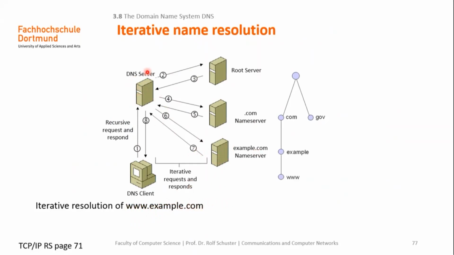Then this DNS server will store that information, that is the RR A associated with this FQDN, in its cache, and answer with that information to the original recursive request that this DNS client sent.